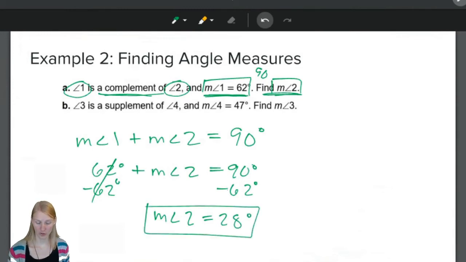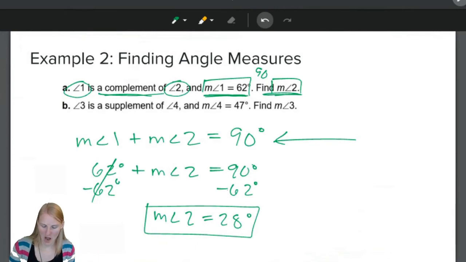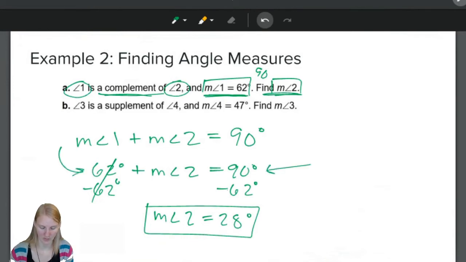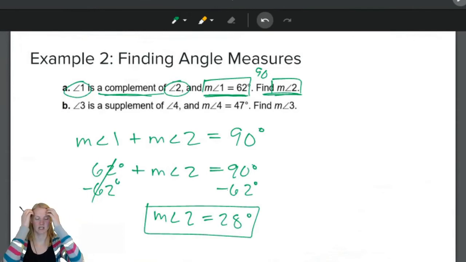Now, do you have to write out the equation like this? No, you do not. I thought it might help some people see where the 62 came from and where the 90 came from. But you can also do it all in one step without writing an equation.